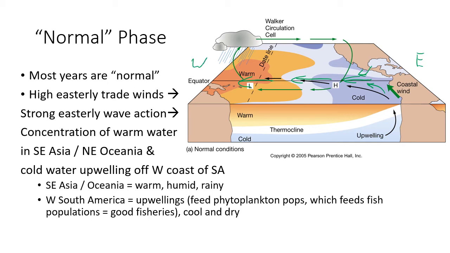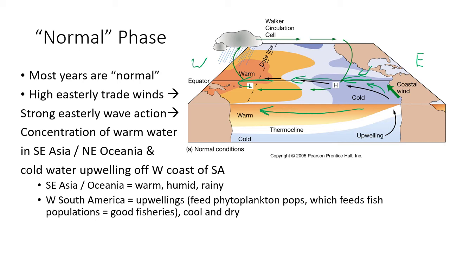And when they're pushing, those winds are literally pushing the surface of the ocean over there. So imagine that the ocean is just a pool and it's very still and it's staying underneath the sun all day. It's going to warm pretty evenly. But if you get strong winds that are pushing in one direction, it's going to push all of that warm surface water towards the direction that the wind is pushing it.